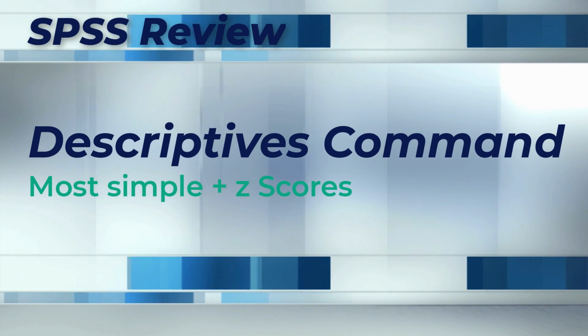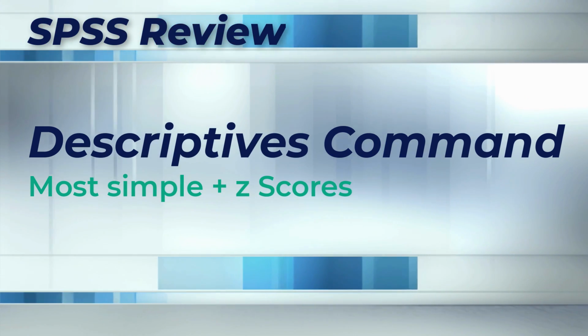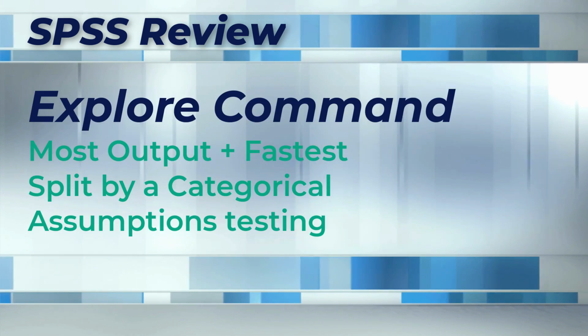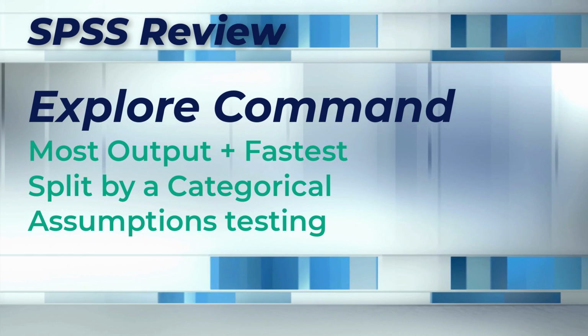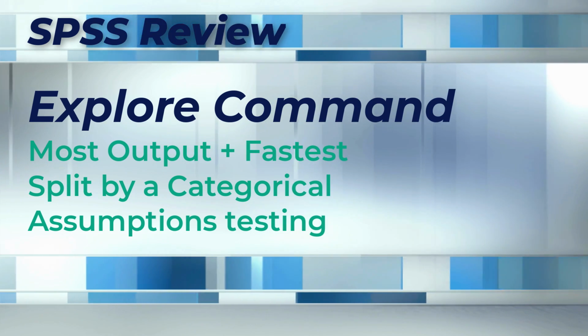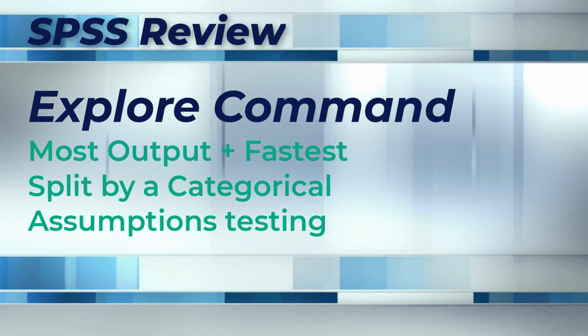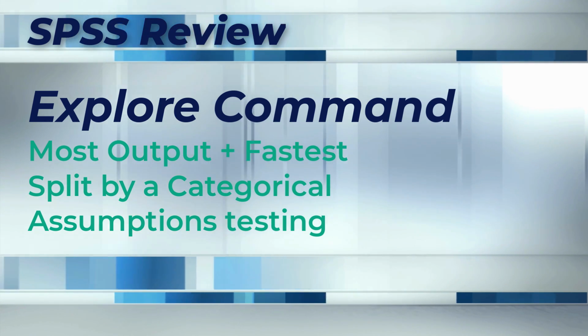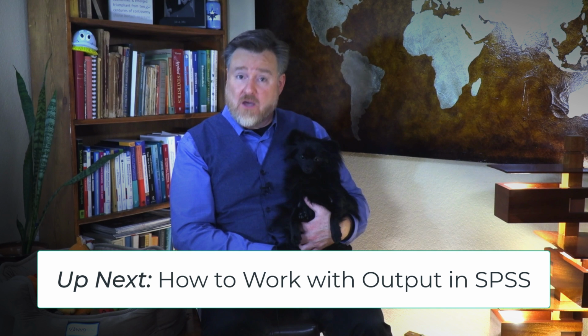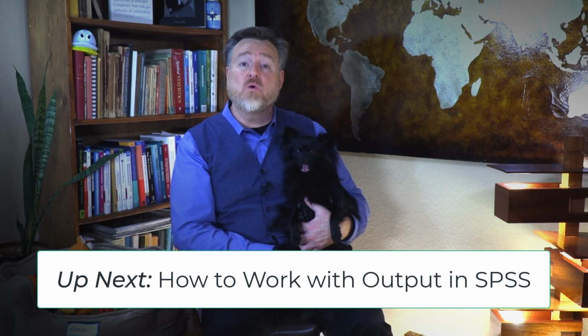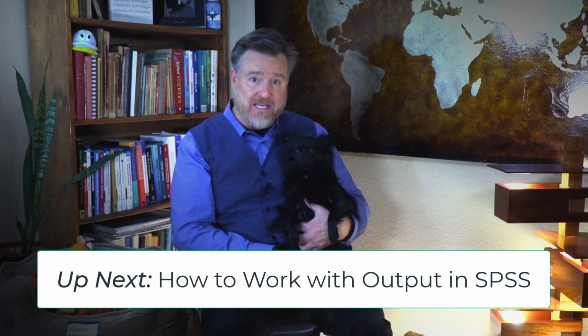The descriptives command is simple and it creates z-scores. The explore command is fast and highly detailed, and it allows us to split a scale variable by a categorical variable or to do assumptions testing. And next time, we will create a code book and learn how to work more extensively with the SPSS output.